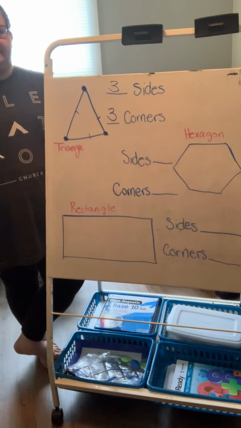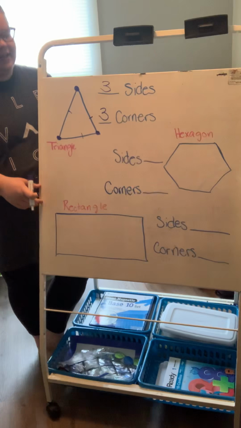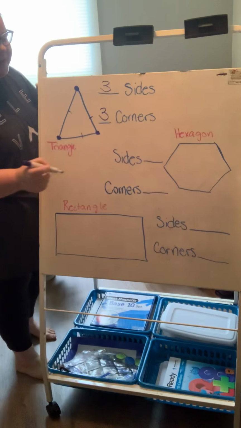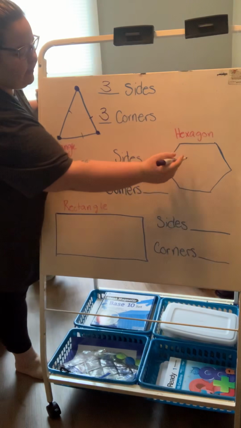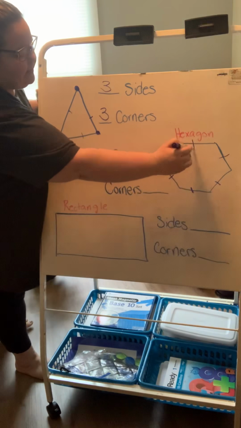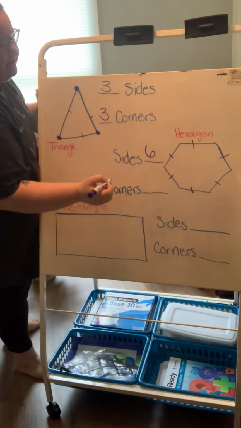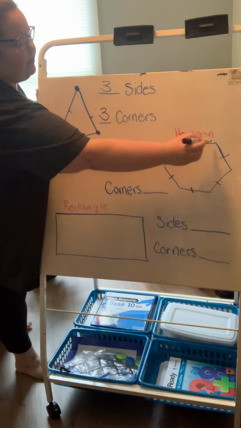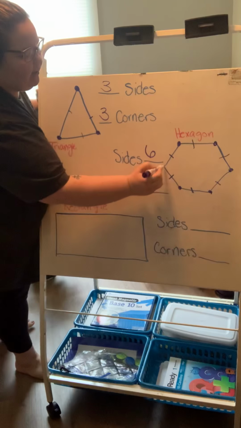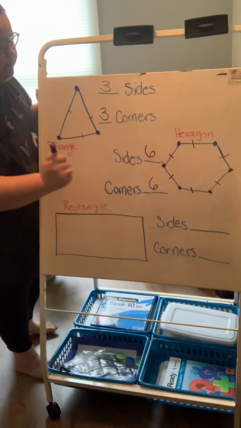Now, a hexagon is a lot more fun, and it has a lot more to offer than a triangle does. So hexagon, let's see how many sides a hexagon has. Hexagon has 1, 2, 3, 4, 5, 6 sides, and 1, 2, 3, 4, 5, 6 corners.